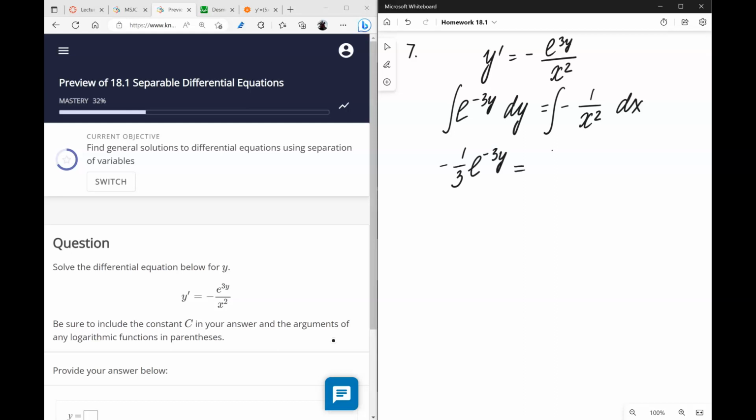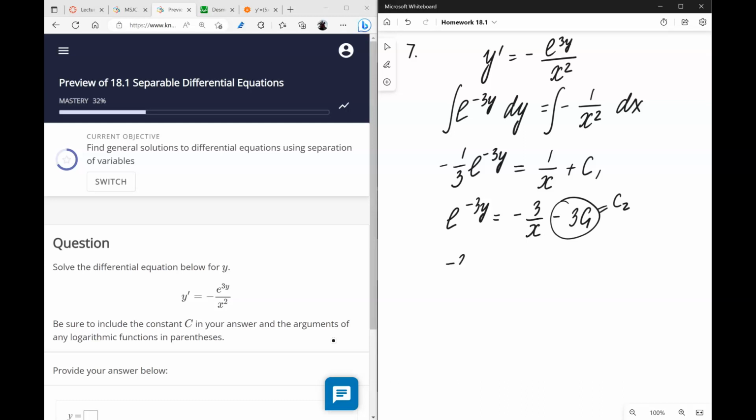On the right side we just have 1 over x plus c, and seems like we're going to be isolating y, so let's call it c1. Let's multiply everything by negative 3, so we have negative 3 over x minus 3c1, so this can become c2.